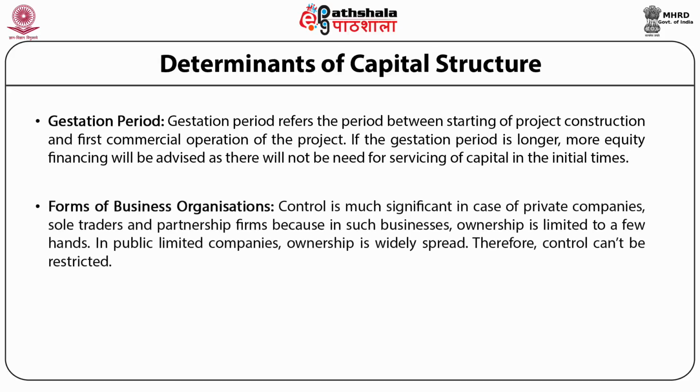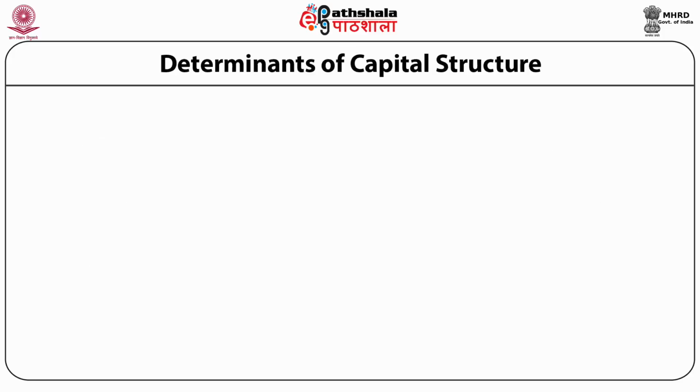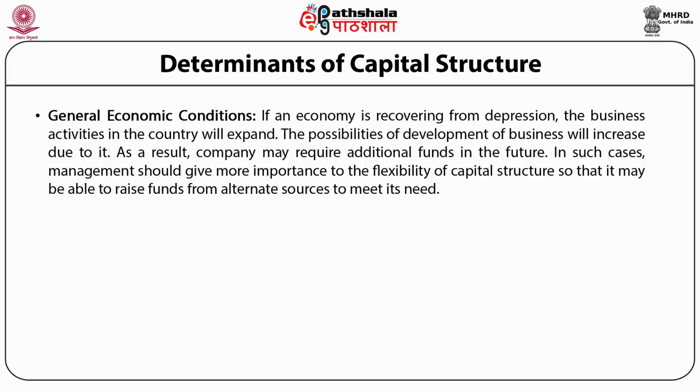Forms of business organizations. Control is much more significant in the case of private companies, sole traders, and partnership firms because in such businesses ownership is limited to a few hands. In public limited companies, ownership is widely spread. Therefore, control can't be restricted. General economic conditions. If an economy is recovering from depression, the business activities in the country will expand.